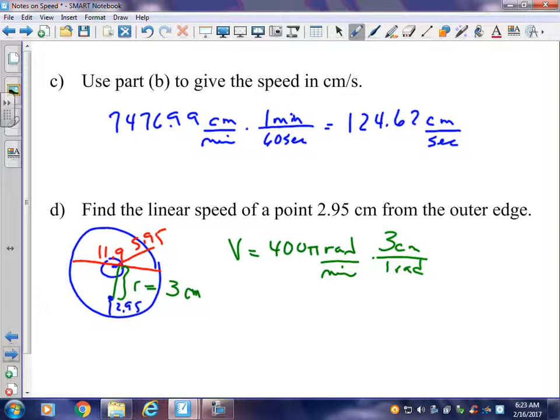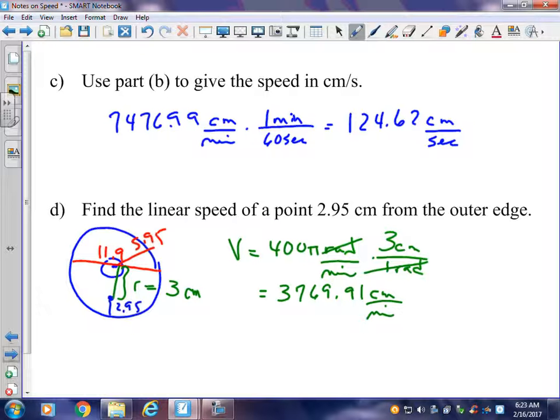And how I know that is because that is the radius at which I am from the center. So then I'll take 400 pi times 3 and get that the velocity is 3,769.91 centimeters every minute, because the radians cancel.